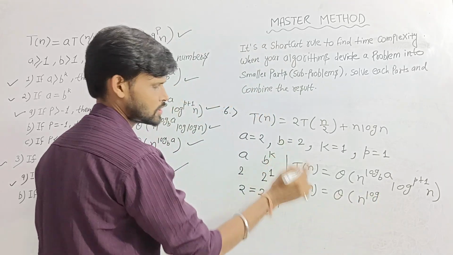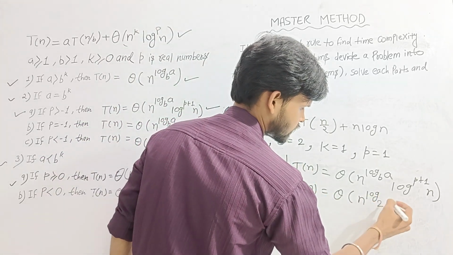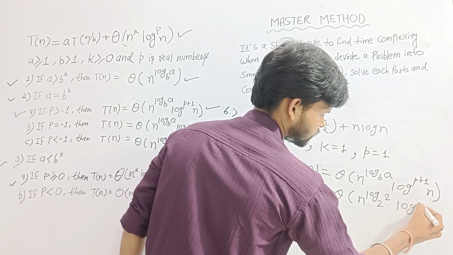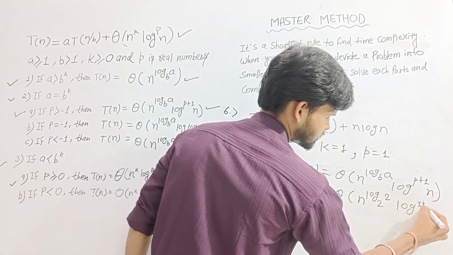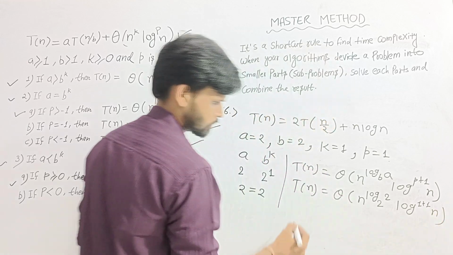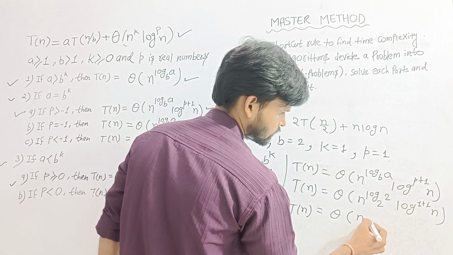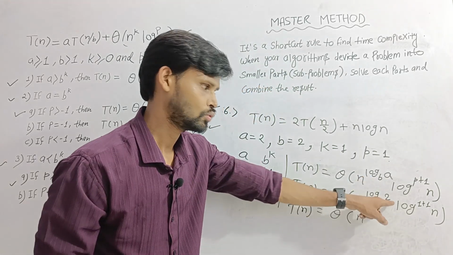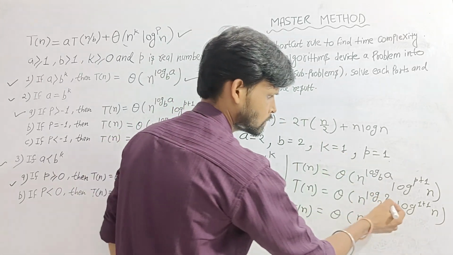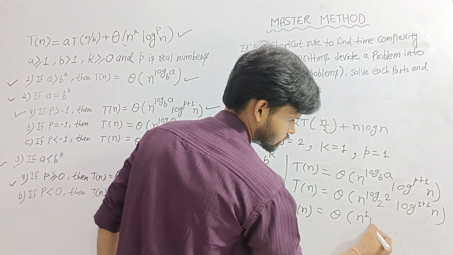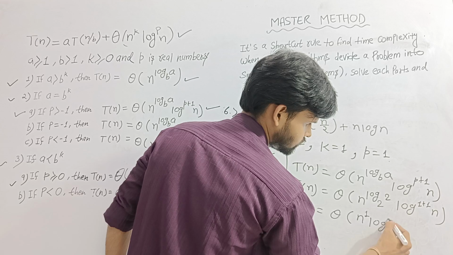What is the value of b? That is 2. What is the value of a? That is 2. Log power 1 plus 1 n. Theta of n power log base 2 of 2. What is 2 power 1? So the answer will be 1. Log power 1 plus 1 of n.